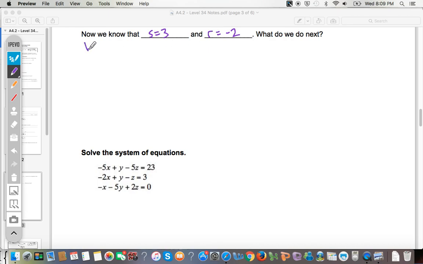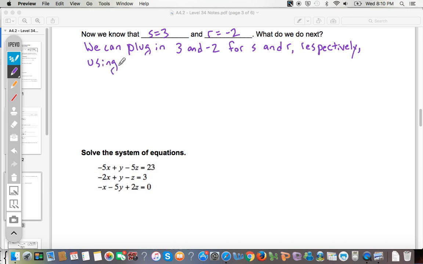Okay, so we can plug in 3 and -2 for s and r, respectively, using one of our original three equations.